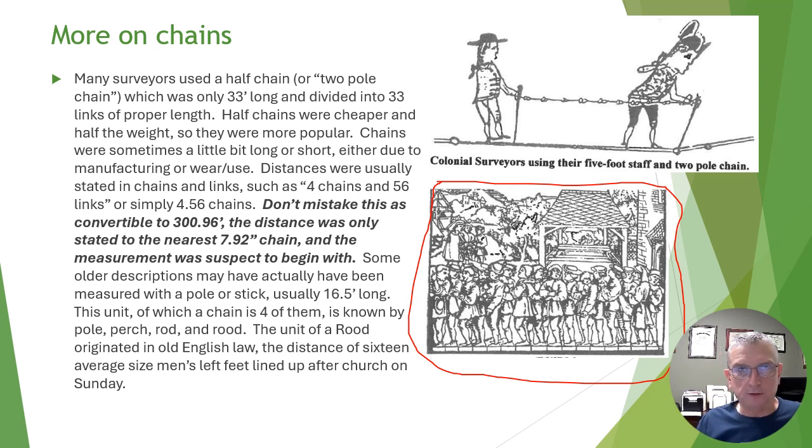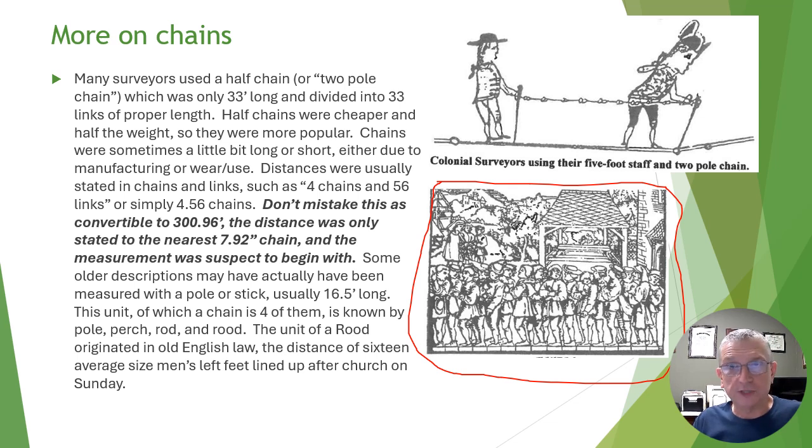That unit later became known as 16.5 feet because they took the average size of the foot into account and took the shoes off. And that's how they came up with 12 inches as the average foot. But this was even before that. A rood was basically 16 feet with shoes.